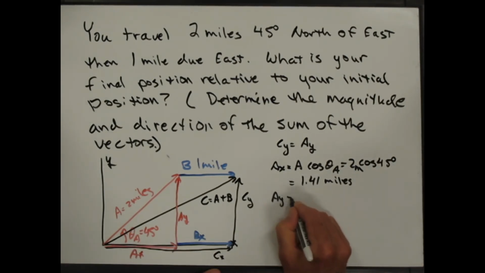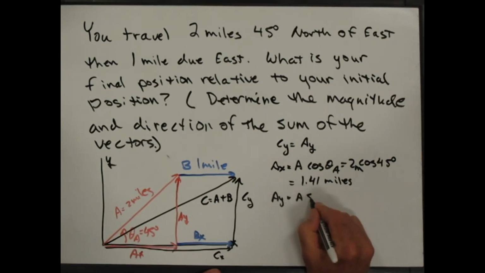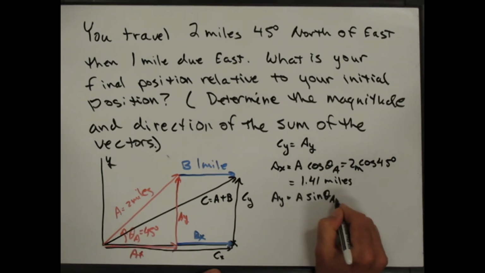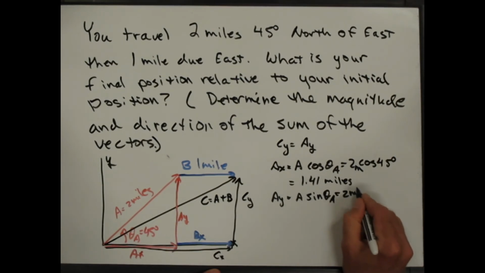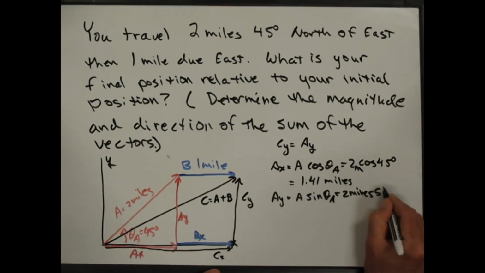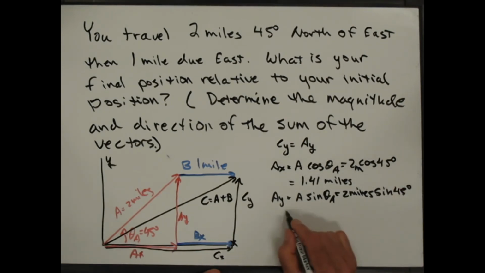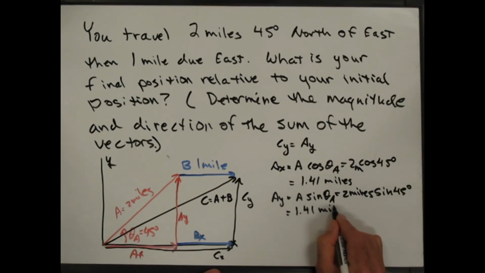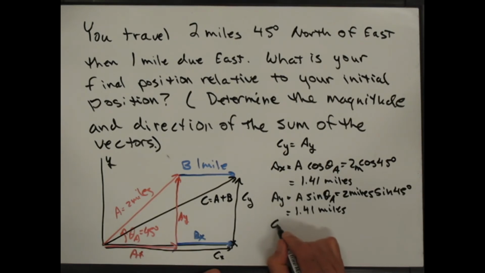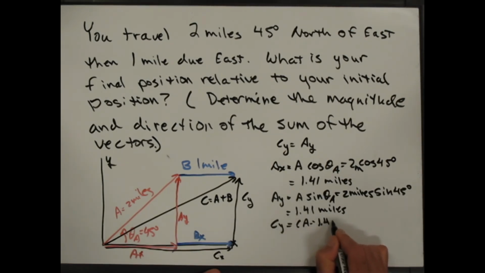Similarly, AY is A sine theta A, which is 2 miles times the sine of 45 degrees. As it happens, the sine and cosine of 45 degrees are the same, so this is also 1.41 miles. And so that means CY is 1.41 miles.